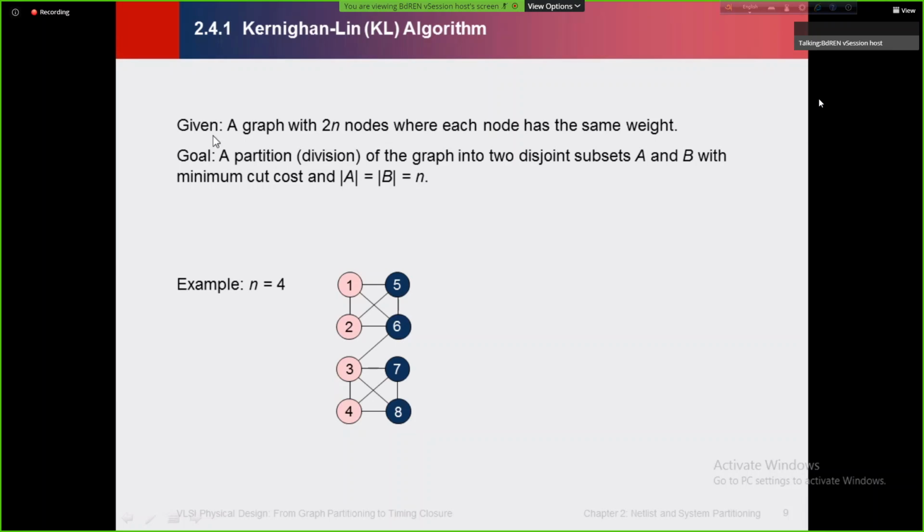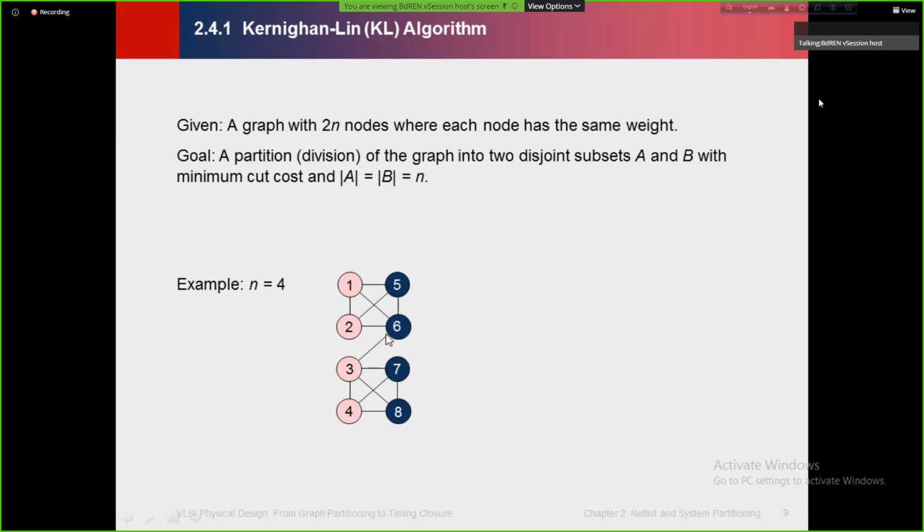So in here it says given a graph with 2n nodes where each node has the same weight. Each node has the same weight means weight is the size, because in this case we are not considering the size.